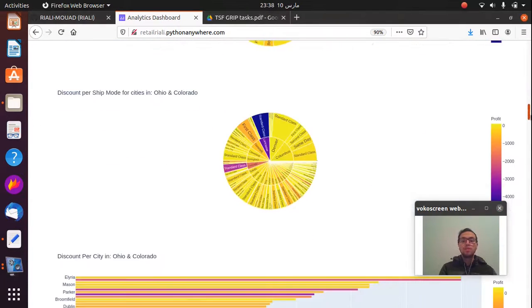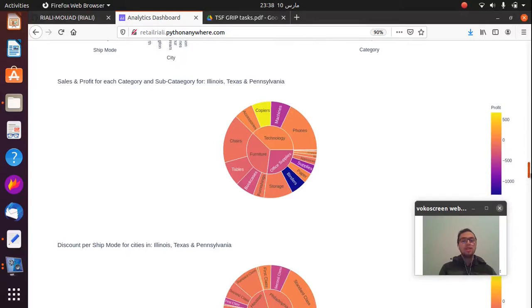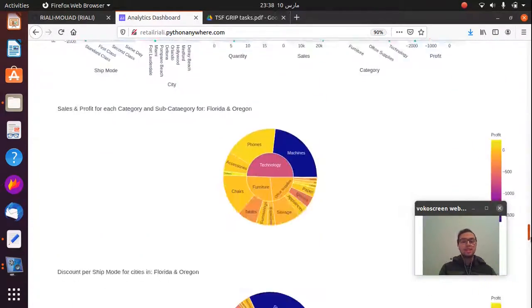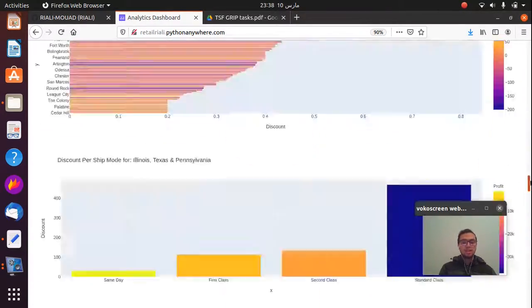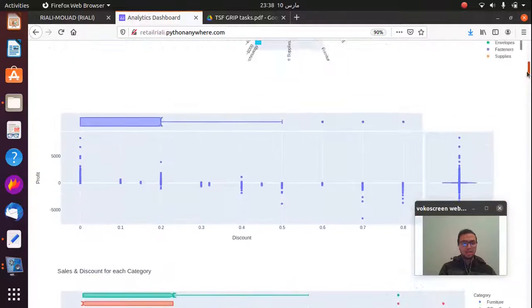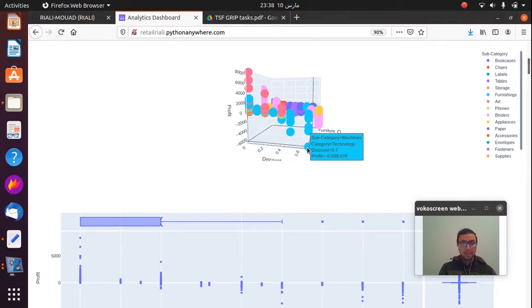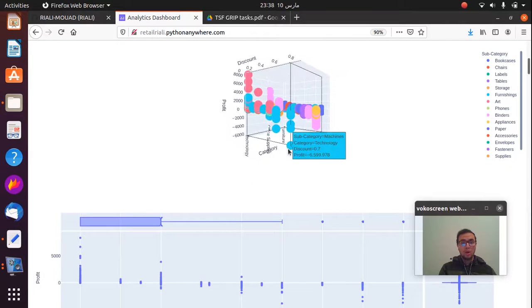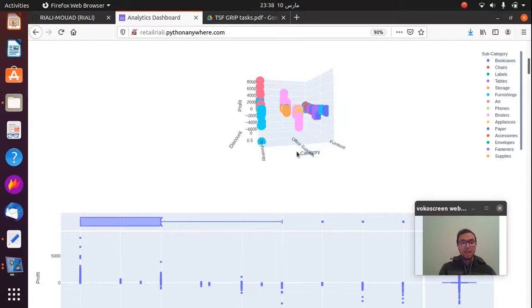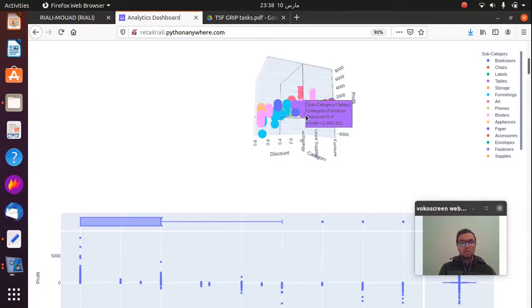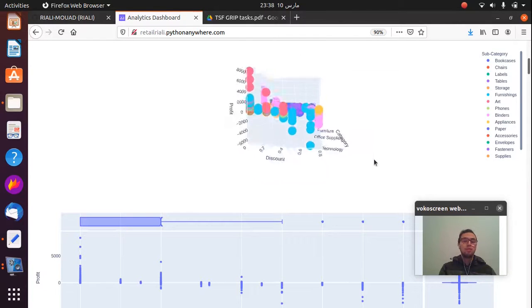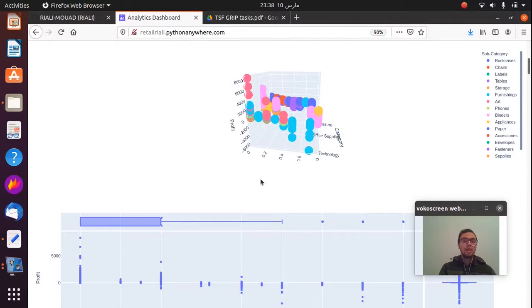So the main problem is not the subcategory itself, is not the ship mode itself, but it's the high discount that reaches, as you can see here, 0.7 and 0.8, maybe 0.4 of the value of the subcategory. The main problem is the high discount rate on some subcategories in some states.